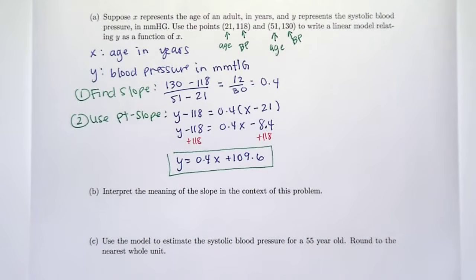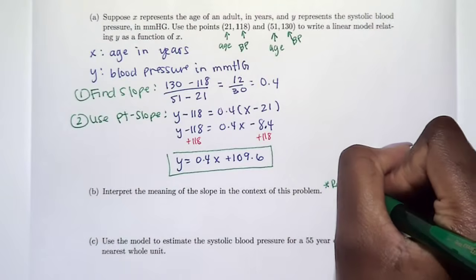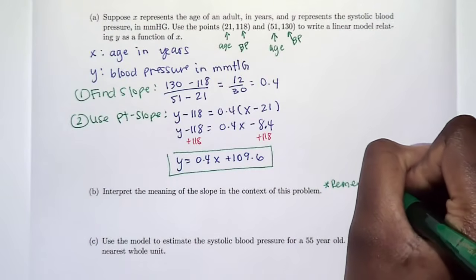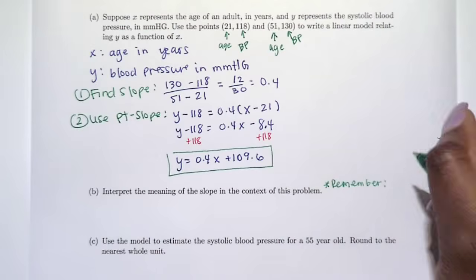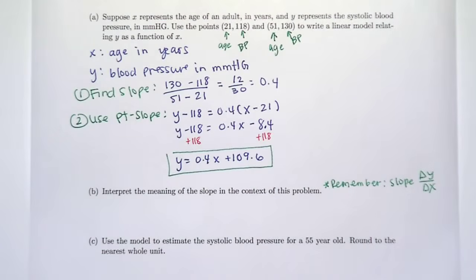All right, now let's actually interpret what the parts mean. So what does the slope mean in the context of this problem? Our slope is 0.4. What does that even mean? How is it related to blood pressure and age? So one thing to remember, so I'll put a little note here that says remember. Slope is change in y over change in x. Okay, so what does that mean for our problem?